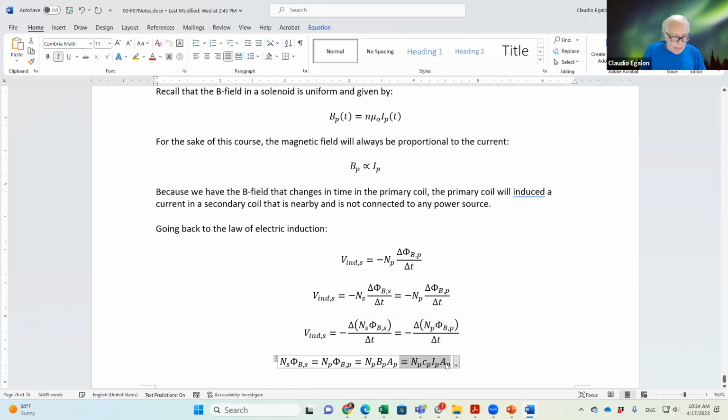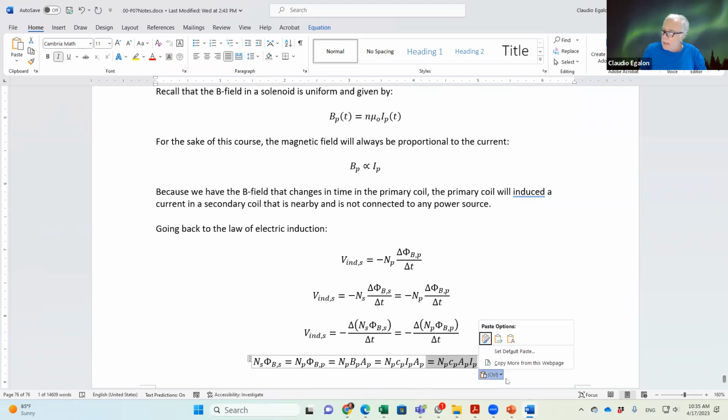And if we rewrite this term in a different way, everything else that you see here we call the mutual inductance between the two solenoids. So what we end up having here is something like that.